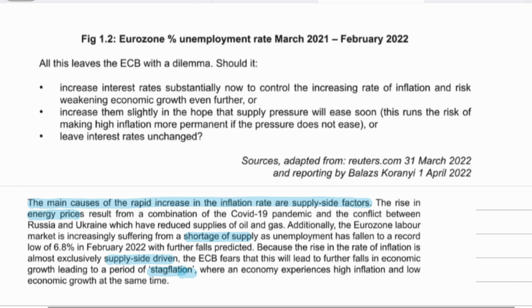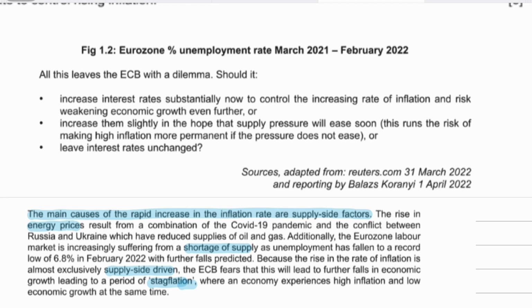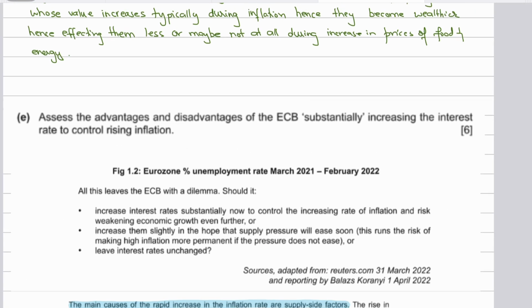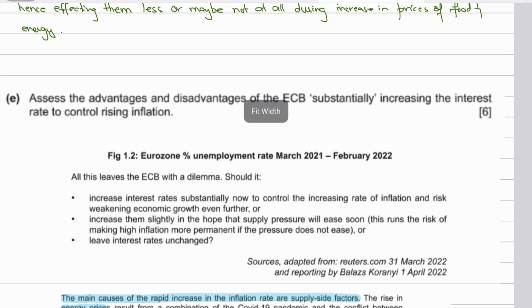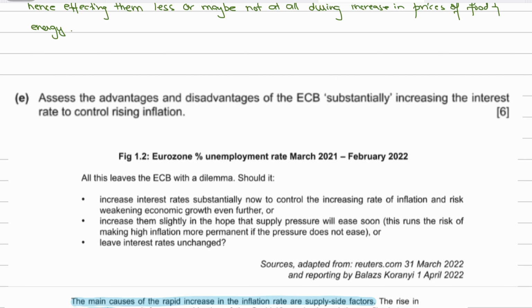So it's a very good question. Now students, if you just give out the advantages and disadvantages of a contractionary monetary policy, that is not what is expected in this question. You need to link it with the case and come up with a proposed solution, and comment on the narrative that substantially increasing interest rates will or will not help in controlling inflation.